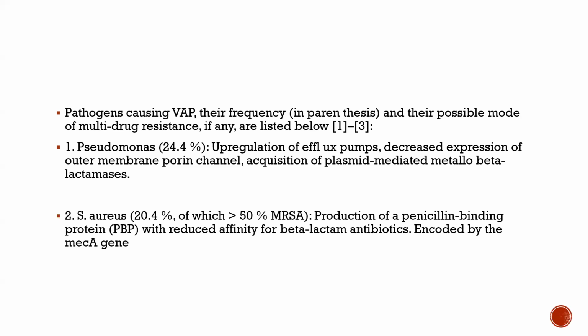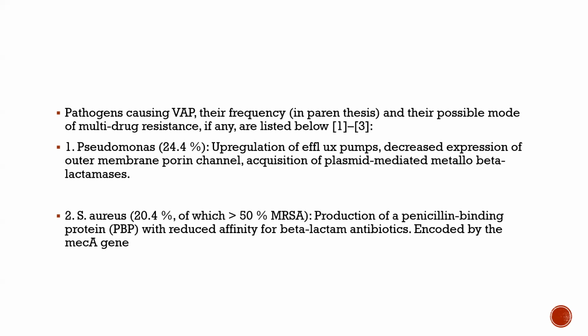Pseudomonas contributes 24.4% of VAP, and the modes of drug resistance are upregulation of efflux pumps, decreased expression of outer membrane porin channels, and acquisition of plasmid-mediated metallo-beta-lactamase. Then Staphylococcus aureus, 20.4%, of which more than 50% is MRSA.